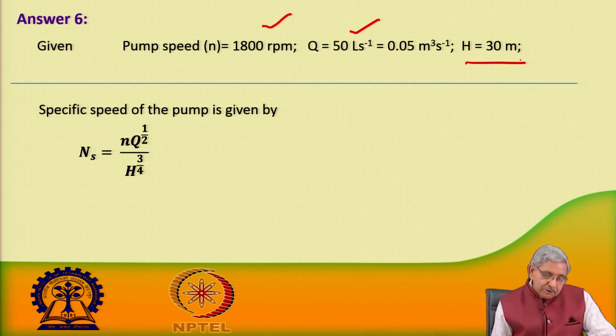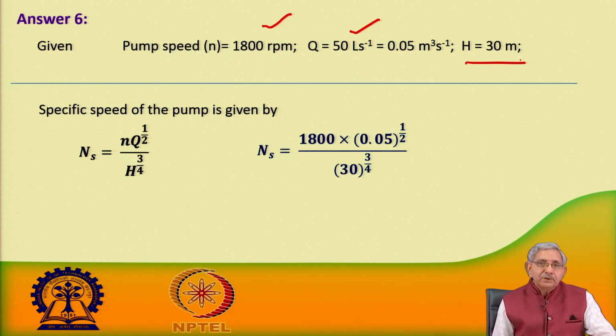The specific speed formula is given by Ns equal to N into Q to the power half divided by H to the power 3 by 4.